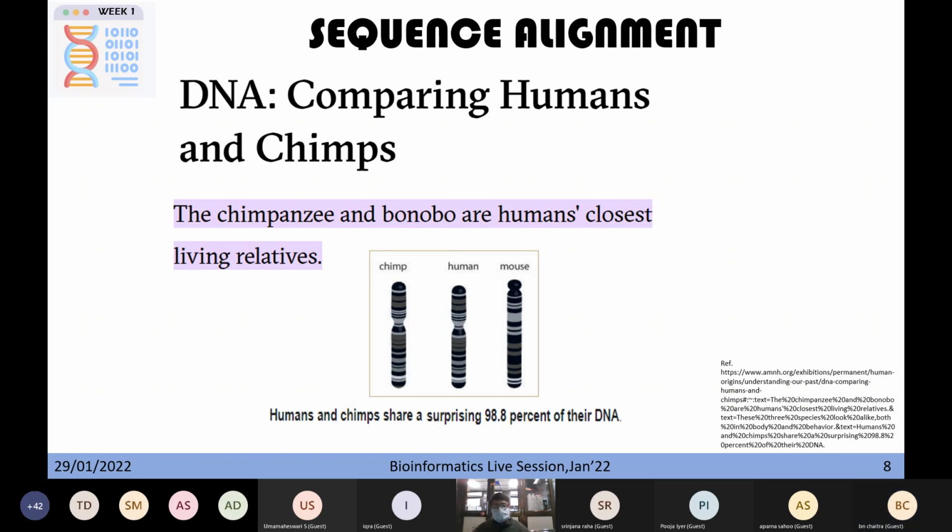But just think how chimpanzees are different and how we are different. It is not possible to know or understand this without comparing the sequences. And just think, if we are given 5 or 10 long sequences, the time you will take to do it manually.